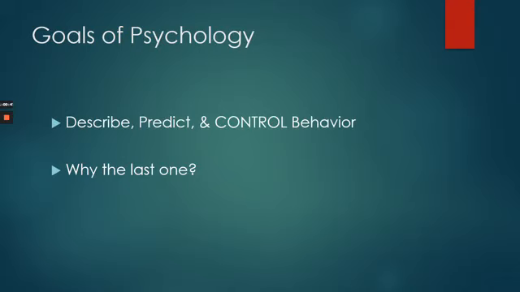If you remember behaviorists like Skinner and Watson, they thought that if you could understand the mechanisms of reinforcement and punishment, and you could control that, you could control people's behavior. So if you ever see a textbook that is in that behaviorist fashion, sometimes it'll talk about control, but obviously that should not be a goal of psychology.